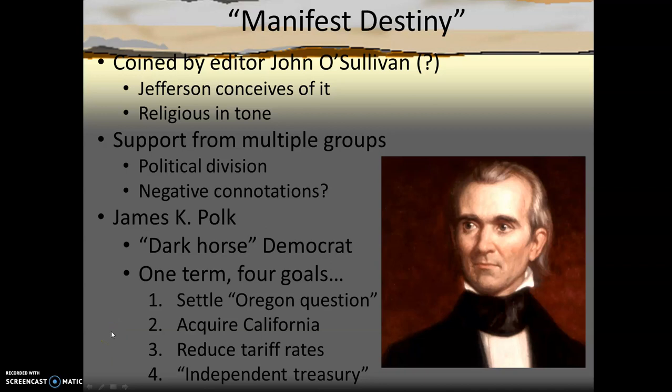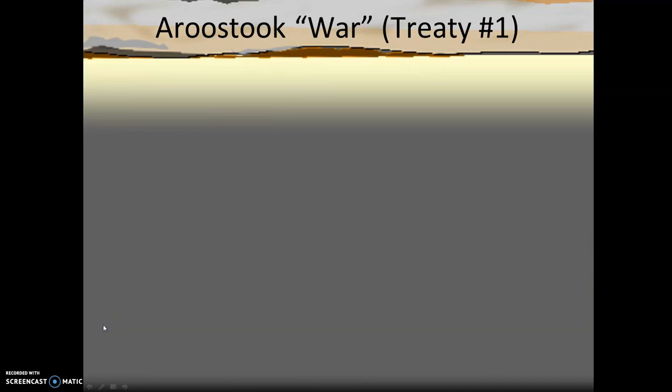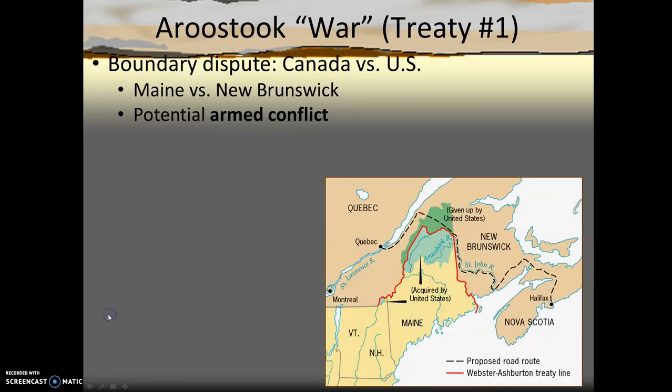Now, the two things we're going to take a look at are land acquisitions, deals that were made, treaties that were signed, where war could have broken out, but they didn't. The first of these is called the Aroostook War. Now, the boundary dispute between the United States and Canada went all the way back to the Treaty of Paris in 1783.